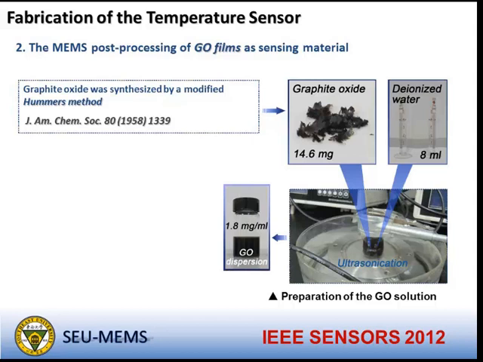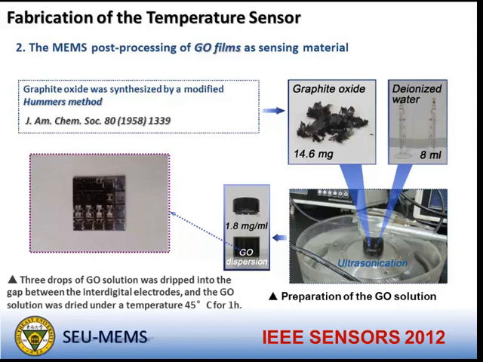After that, the graphene oxide dispersion was fabricated. Then it was dropped into the gap between the interdigital electrodes, and the solution was dried at a temperature of 45 degrees centigrade for 2 hours.